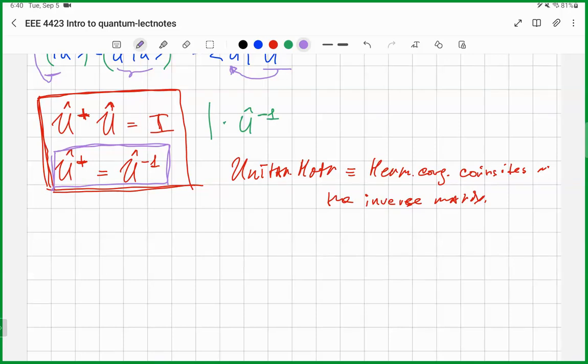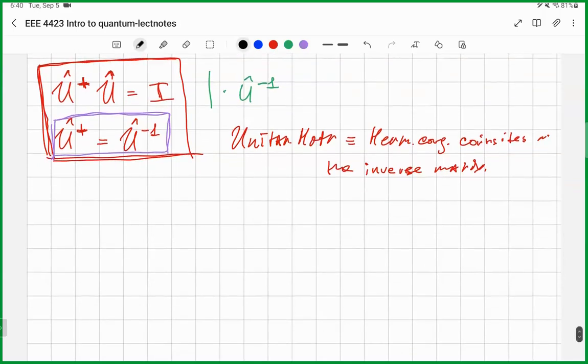So this is pretty important for quantum mechanics, and you will get a chance to practice this in the homework. And for now, let me conclude this matrices part with item number 10.